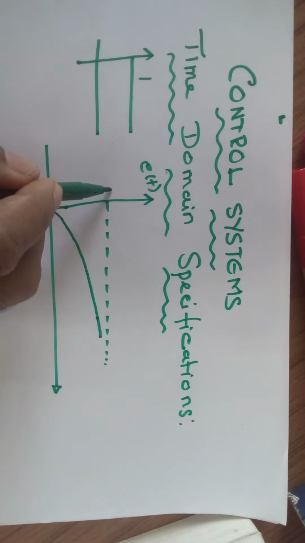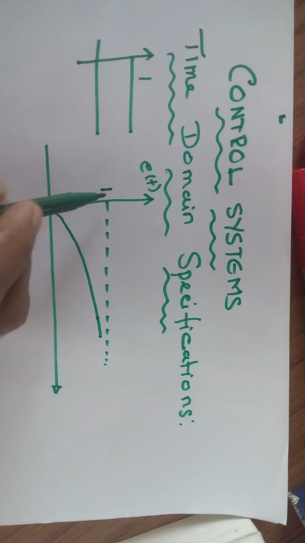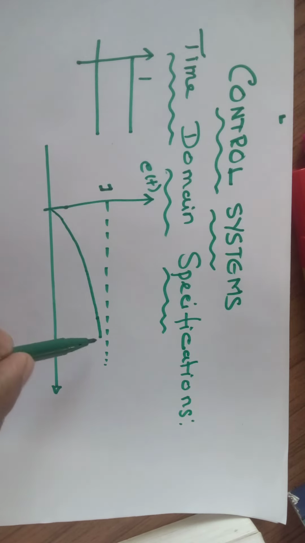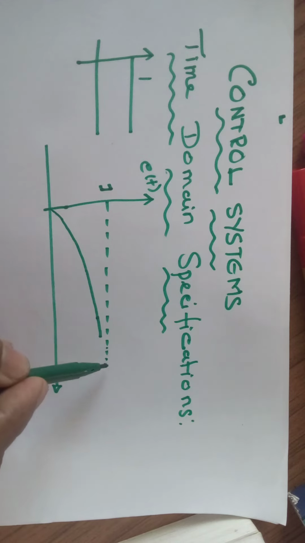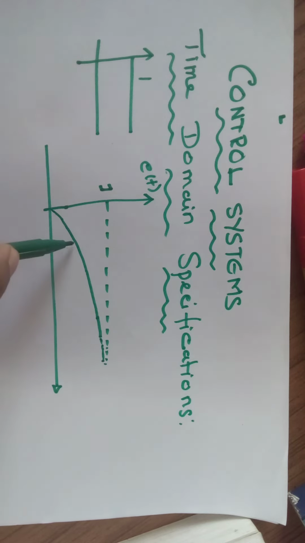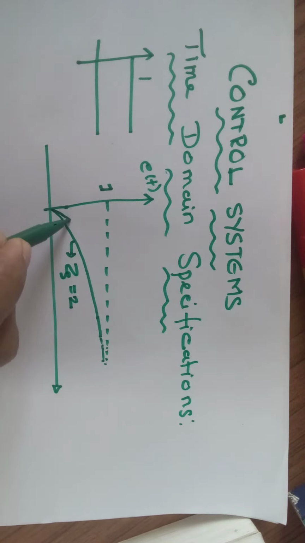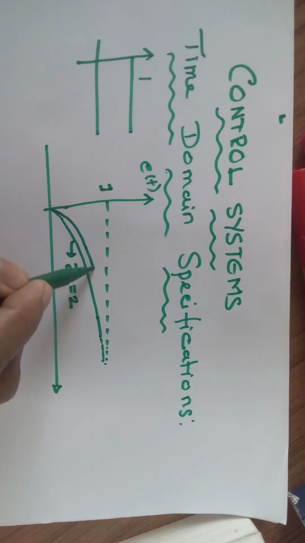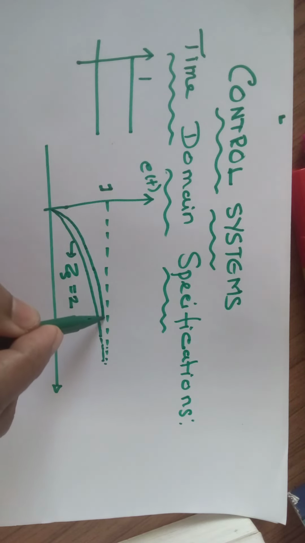For example, if the steady state response of this particular system is equal to 1, it will not reach this 1 in a short duration. It will take more time to reach the steady state response, for example when zeta is equal to 2. If you reduce the value of zeta, if zeta is equal to 1, it will take a little less time to reach its steady state value.